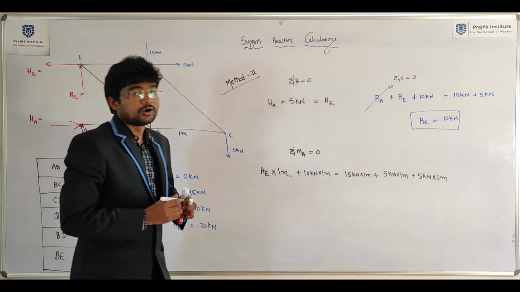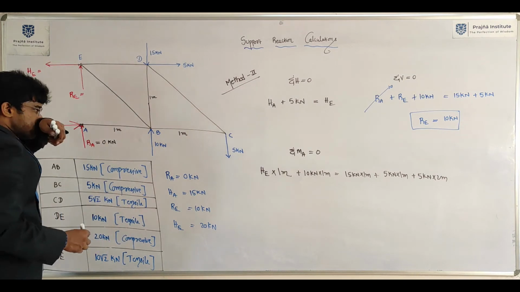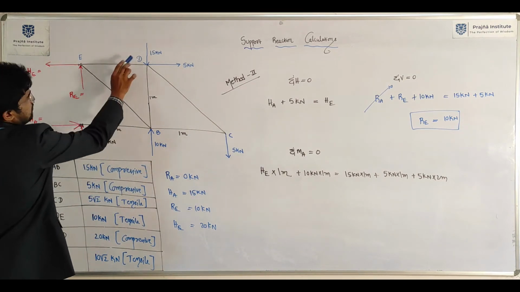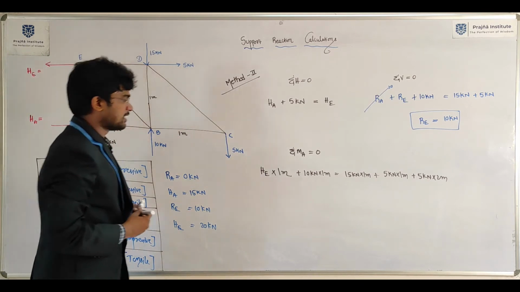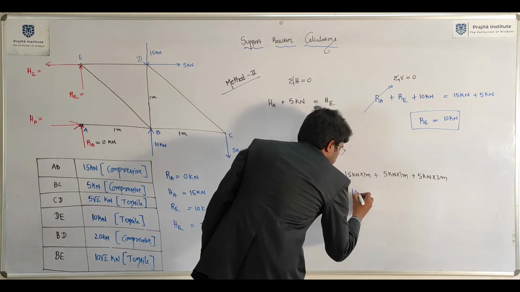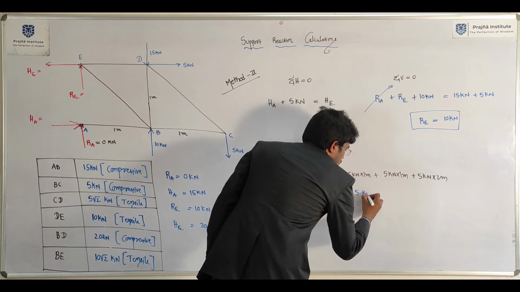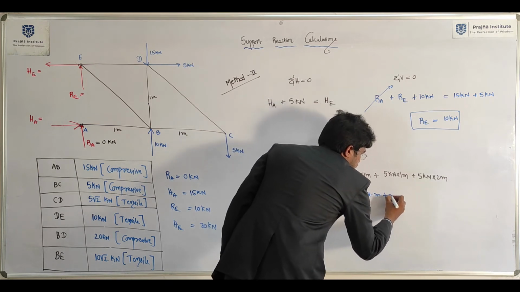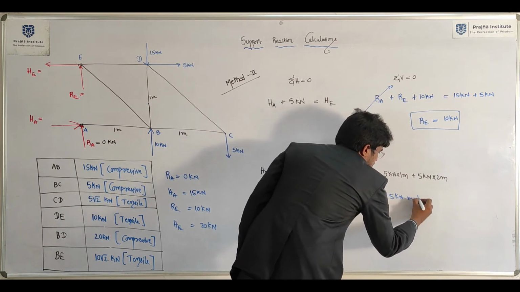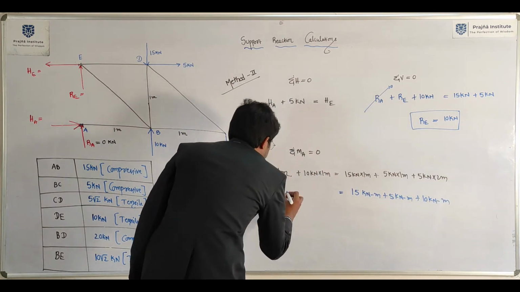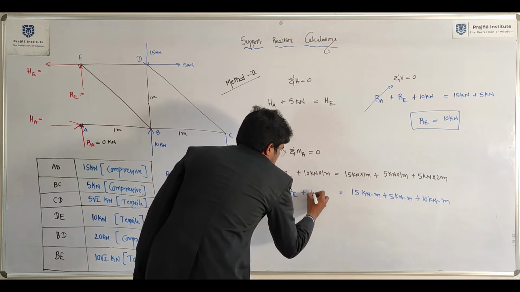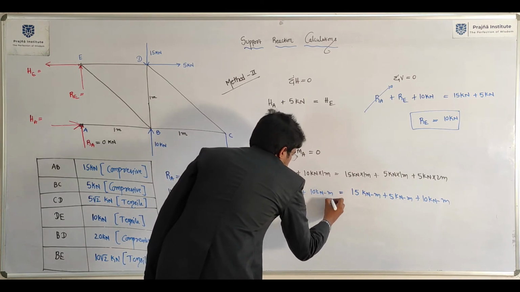Correct now? Anti-clockwise, anti-clockwise, clockwise, clockwise, that's it. Here 15 kilonewton meter plus 5 kilonewton meter plus 10 kilonewton meter. So here HE plus 10 kilonewton meter.